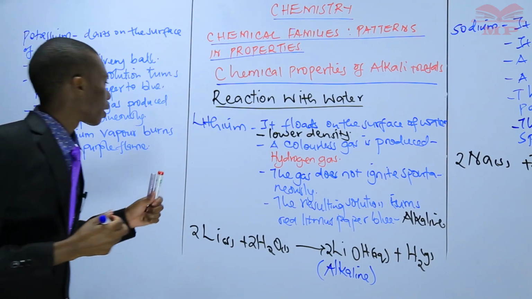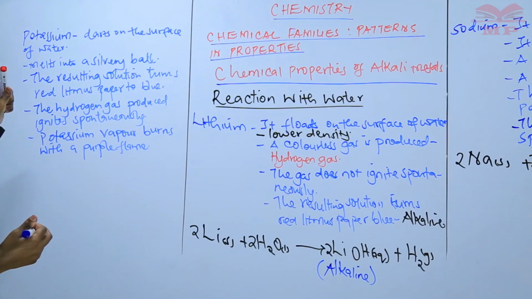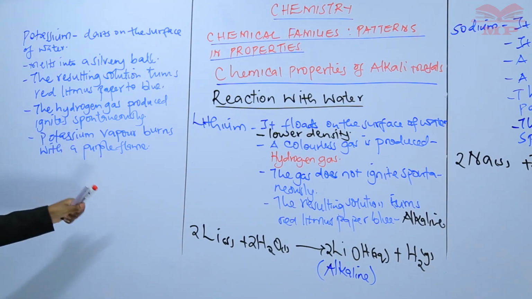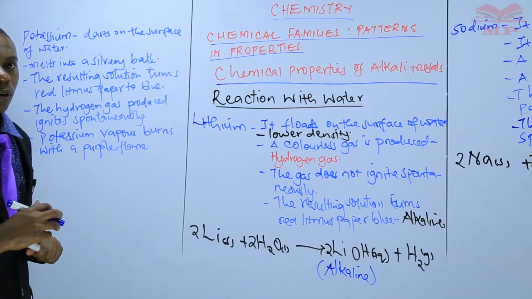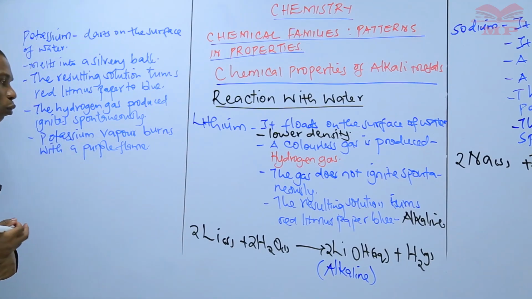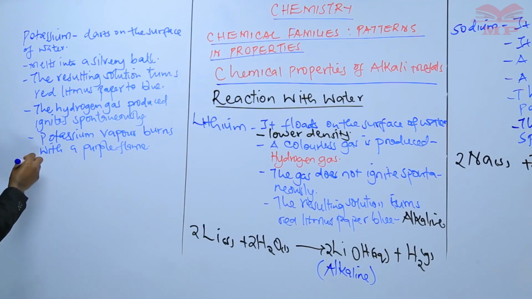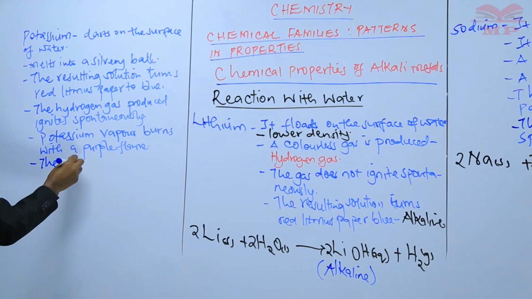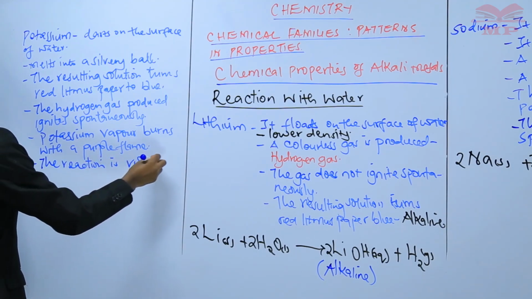And therefore, the hydrogen gas produced, because the reaction is very much exothermic, leads to production of a lot of heat, then this potassium will burn with a purple flame. Then the reaction is violent. The reaction between potassium and water is violent.